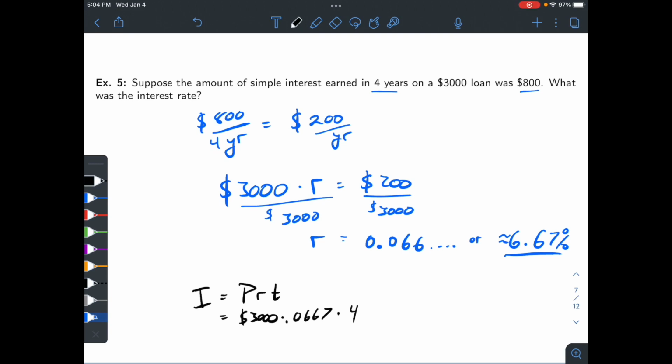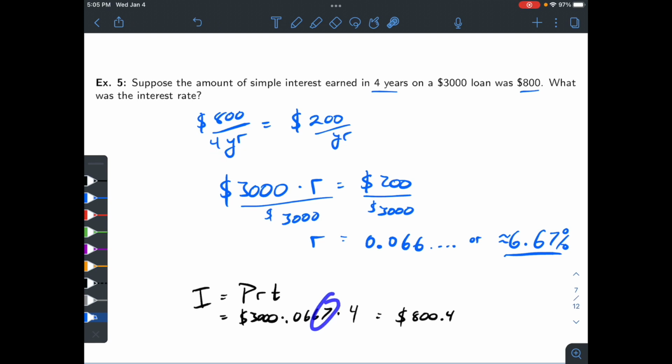So if I do in my calculator 3,000 times 0.0667 times 4, I'm going to get about 800.4. And note that we are rounding, this is really supposed to be 0.06 repeating, and I rounded this to 0.0667.